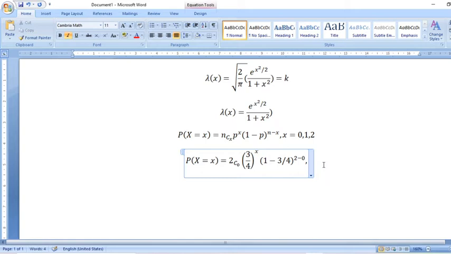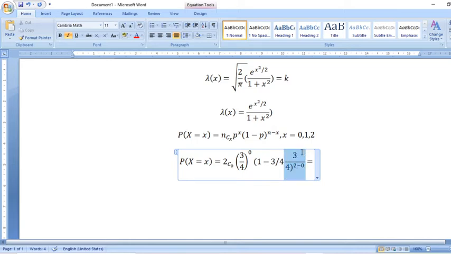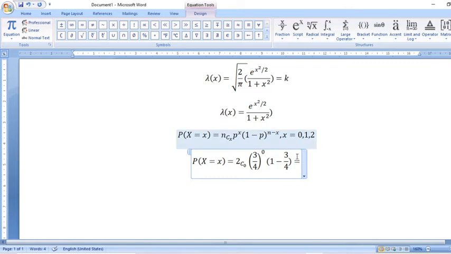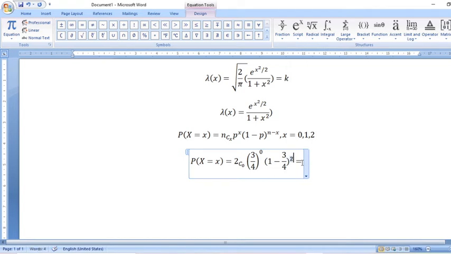That will be equal to 2C0 is 1, (3 by 4) raised to 0 is 1, times (1 by 4) raised to 2.